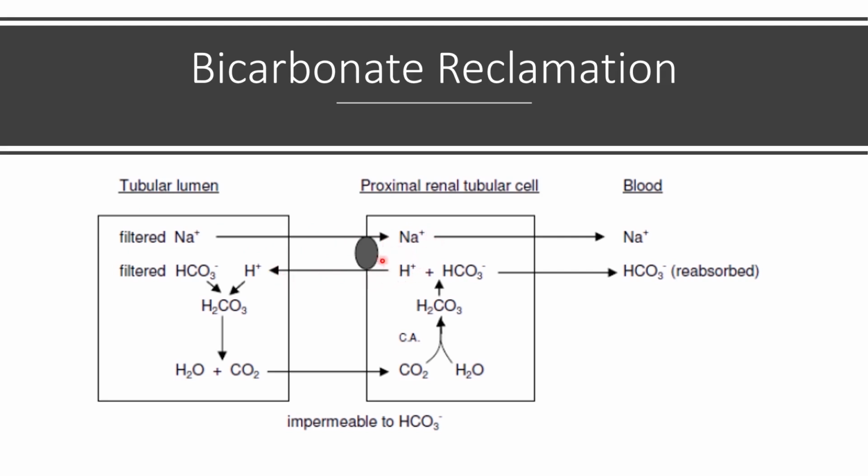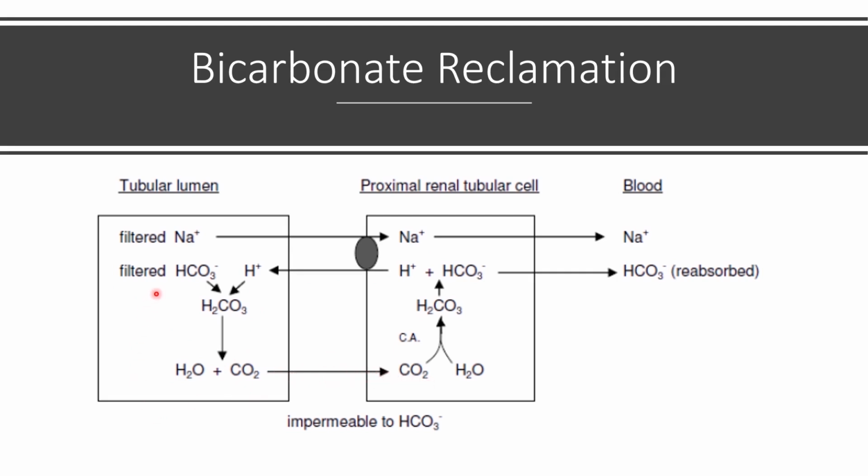Now, this hydrogen ion that is exchanged for sodium comes in contact with the filtered bicarbonate to form carbonic acid, which breaks down in the presence of carbonic anhydrase, the enzyme, to form water and carbon dioxide. Now, carbon dioxide, being a gas, is able to penetrate the tubular membrane and go into the tubular cell.